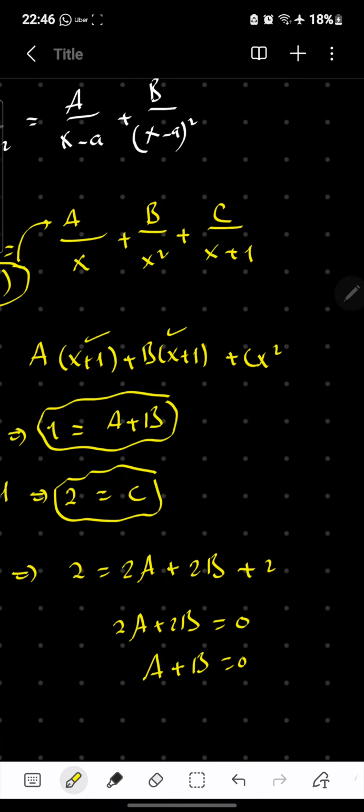No, I think it's not right. If we take x equal to 1, it will be 2 equals 2a plus c plus 2.